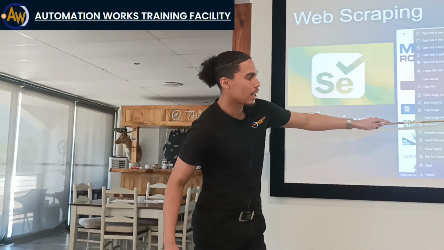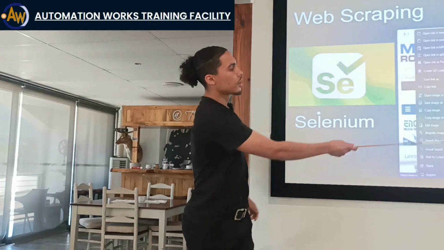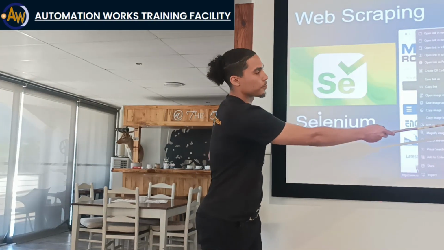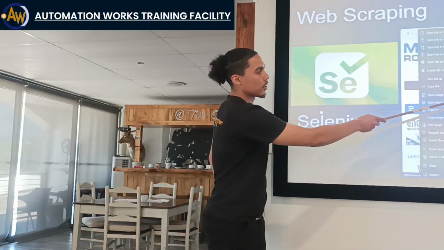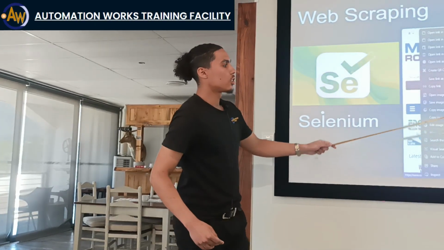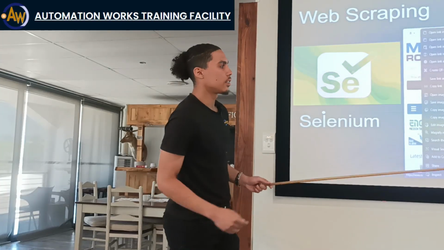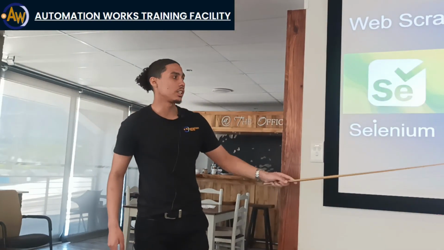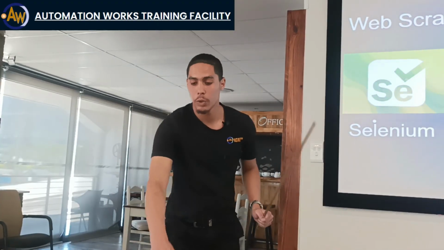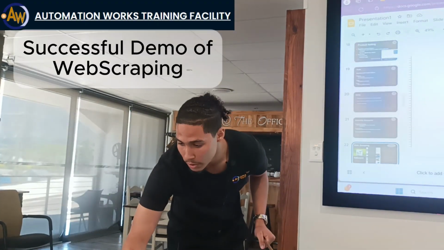There's a part that's highlighted, which is the location of this button. And with that information, I can use Selenium, which will help me interact with that. So just to show you an example of what it would look like.